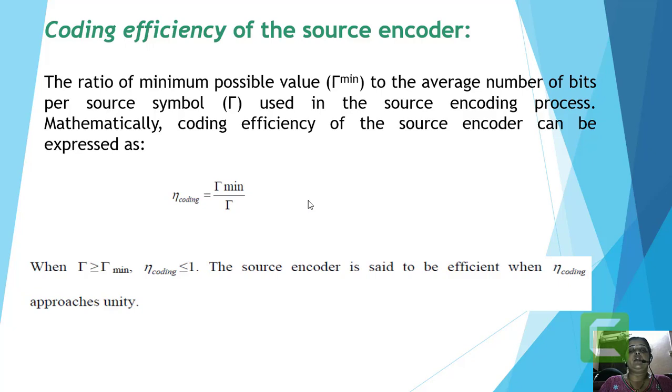Mathematically, this coding efficiency is represented as eta coding is equal to rho minimum divided by rho. In this case, if rho is greater than or equal to rho minimum, then the coding efficiency will always be less than or equal to 1. That means for the condition of rho greater than or equal to rho minimum, the coding efficiency for the source encoder approaches unity.